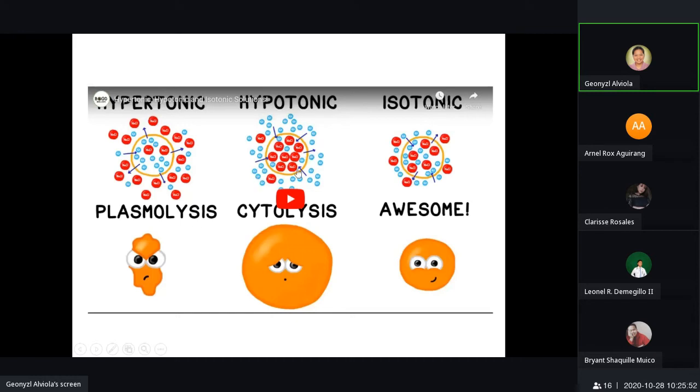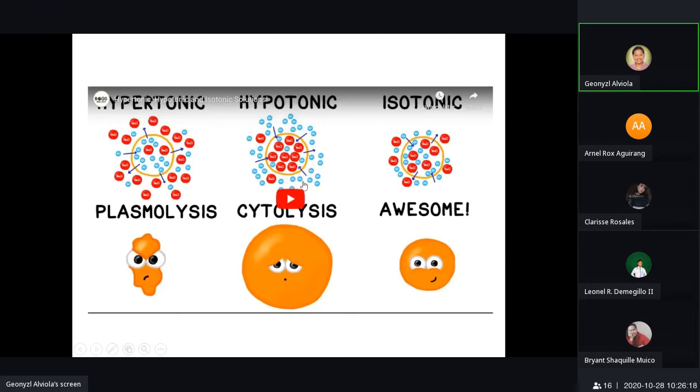Now, kung ang cell naman in a hypotonic, for example freshwater. Okay, mga freshwater environment. Usahay makita nato kanang mga nalunod, butod ang lawas, murag ang mga kanang swollen ang mga parts.